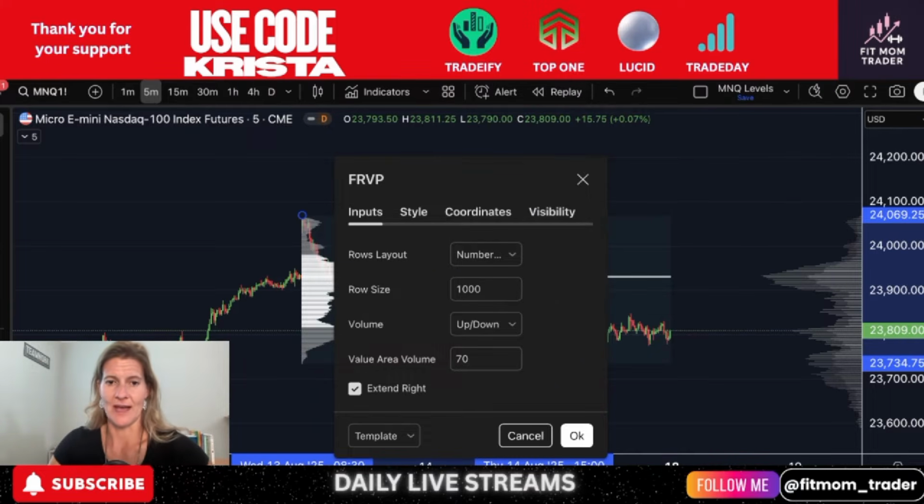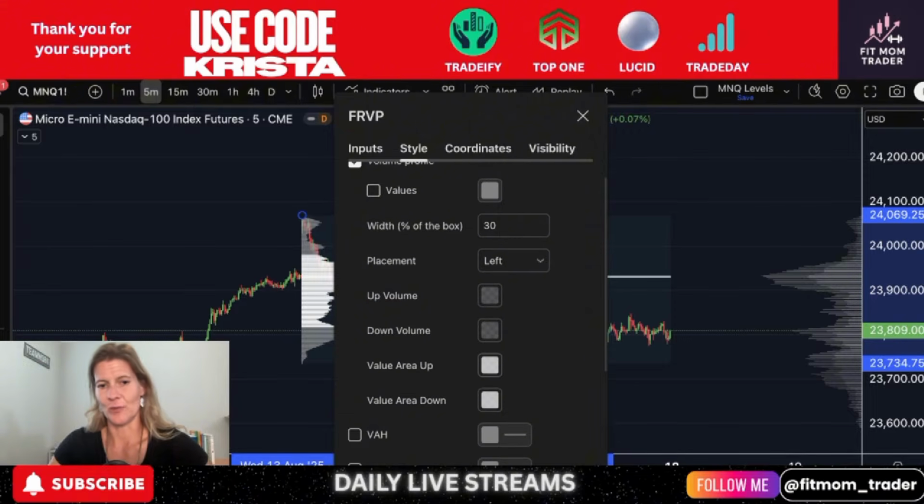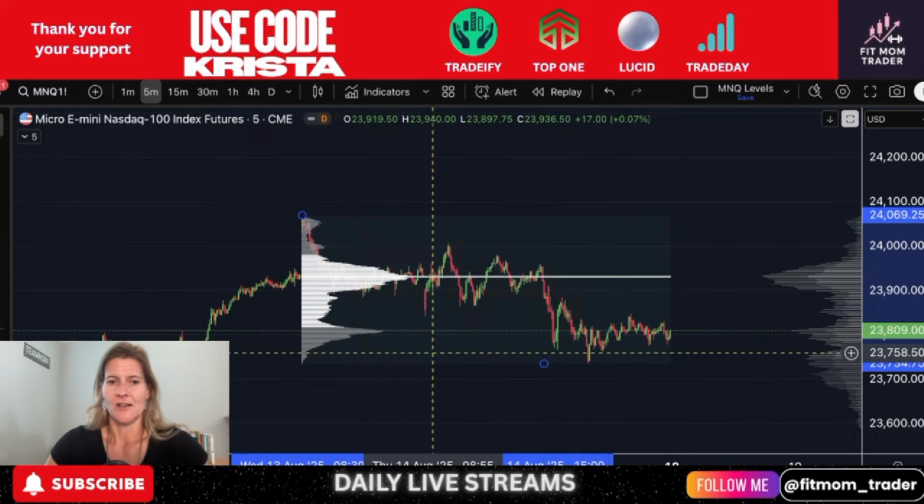So I do that, and then style, again, I change the colors to make them a little bit more mellow. I think the default is like bright blue and bright yellow or something like that. The placement I put on the left, and then the width of the box, you can change that to be 20 or 30 or whatever. That's just going to make it bigger or smaller depending on how much of your screen you want it to be taking up.